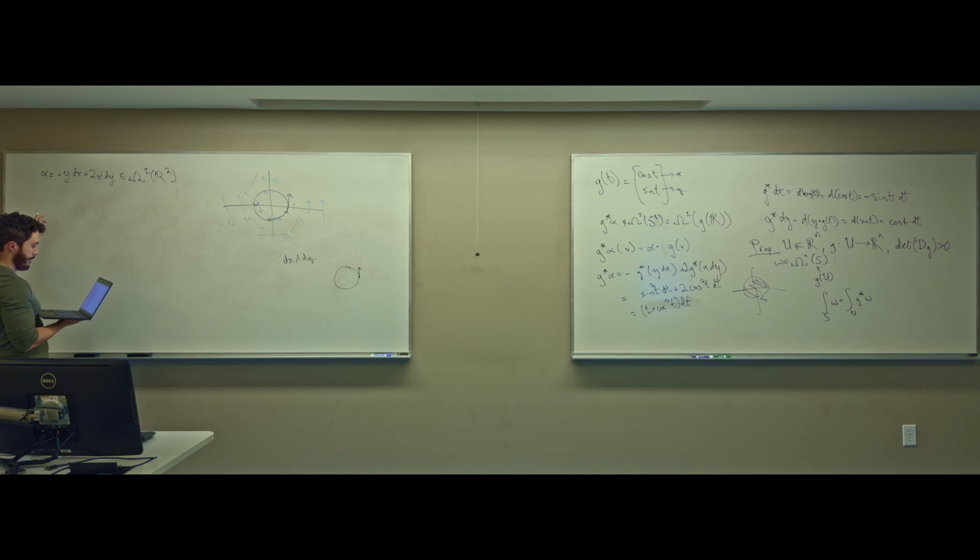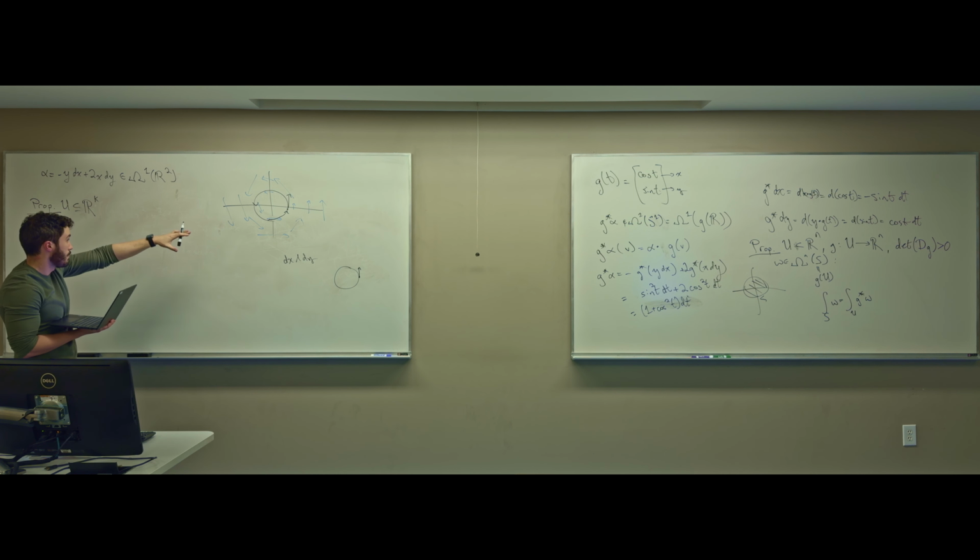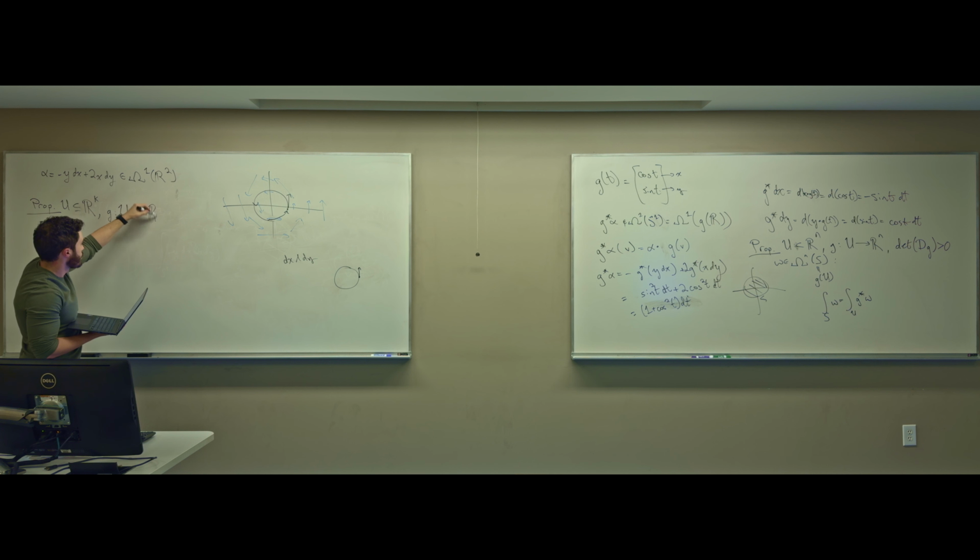So if you have the following, U is in Rk. So this k may be different than n. In our case we have this being a parameterization of the circle, so it's going to be R1. And G, mapping from U, which is the parameterization, over to Rn, is smooth.